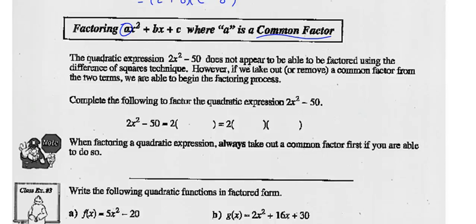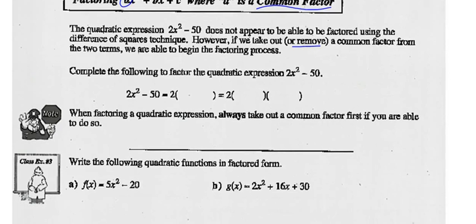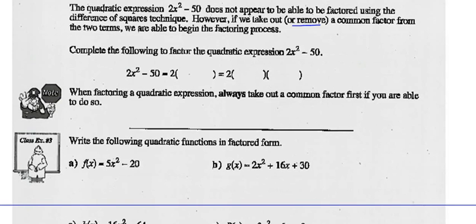However, if we remove a common factor from the original expression, we're going to be able to factor this. So 2x squared minus 50, if I factor out a 2, that means I'm going to divide both those terms by 2. 2x squared divided by 2 is 1x squared, and negative 50 divided by 2 is minus 25. Aha, now in brackets, x squared minus 25, those are both perfect squares.